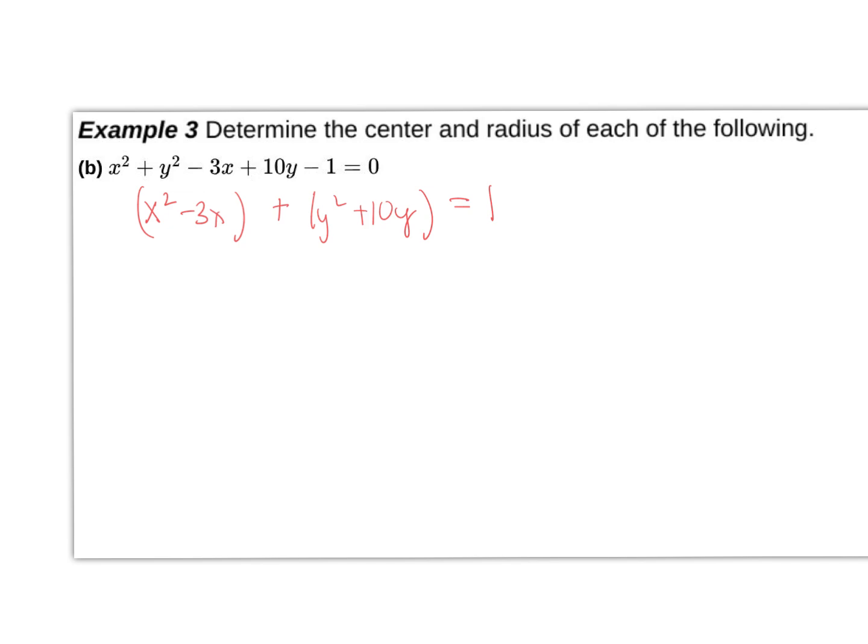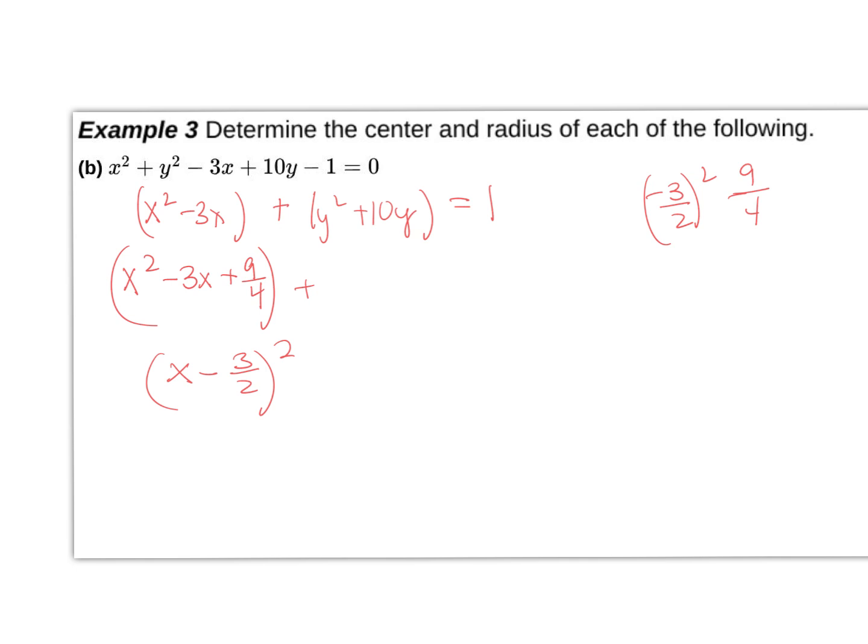I'm then going to look at this and say, well, if this is -3, half of that is -3/2, and if I square that, that is going to be a positive 9/4. If I factor that, then I know that my square is going to be (x minus 3/2) squared.